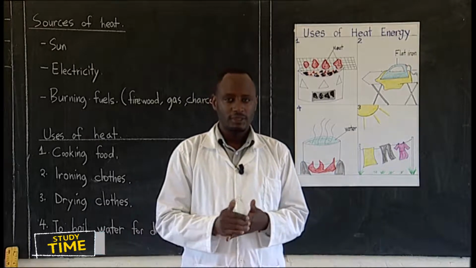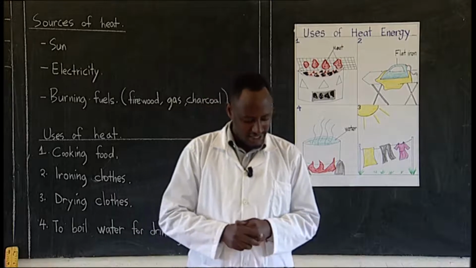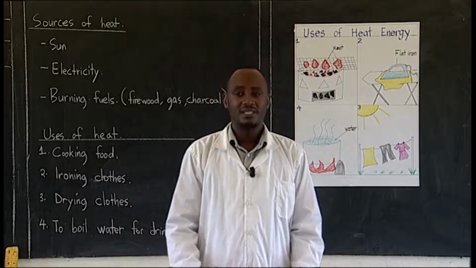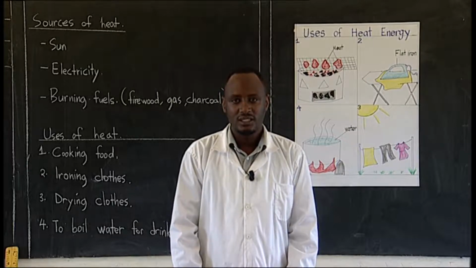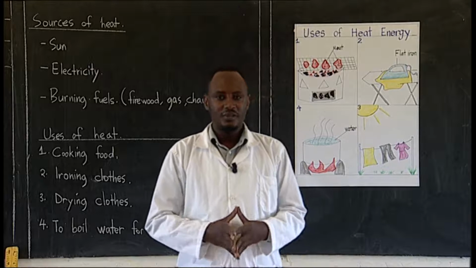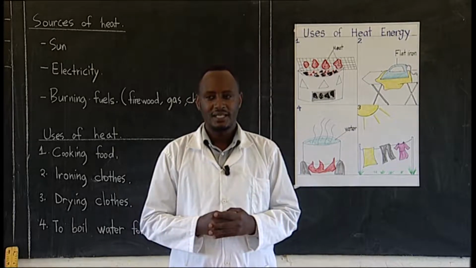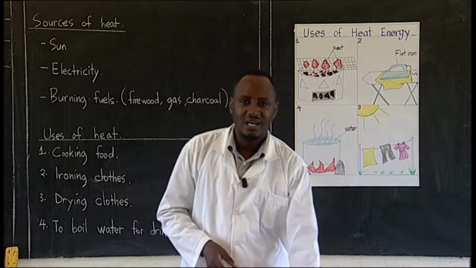Yes, he's telling us that heat also helps in drying harvested crops. Yes, what do we mean by harvested crops? These are crops that have been got from the garden. Such crops include maize.